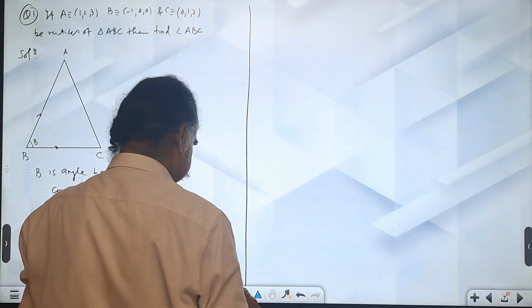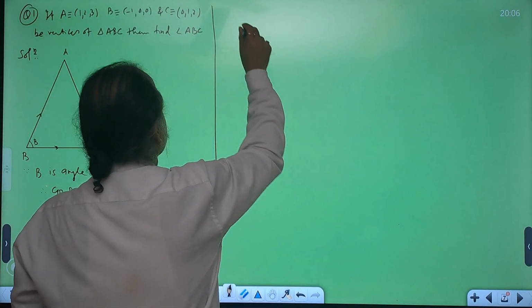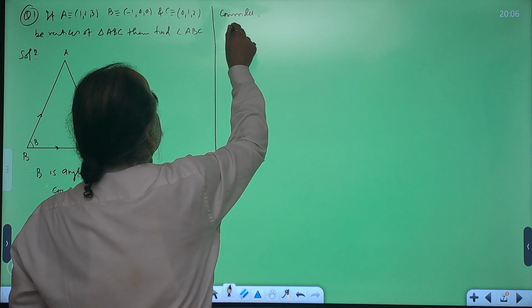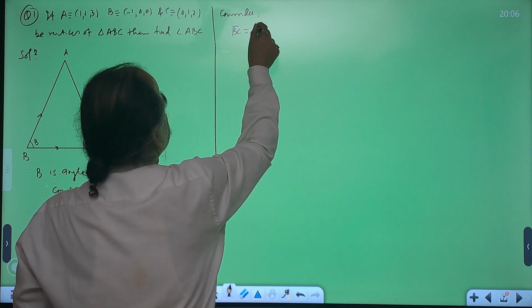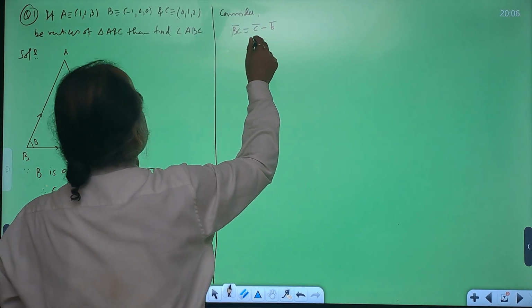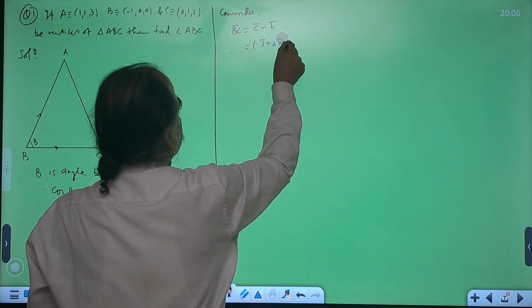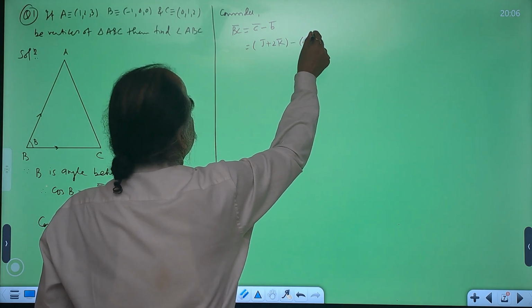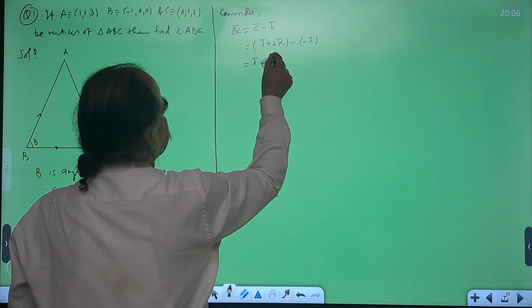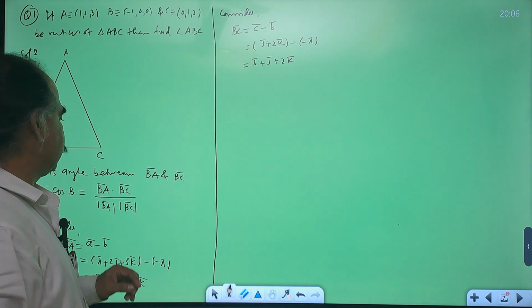Find out BC bar. Consider BC bar. BC bar is what? C bar minus B bar. C bar is what? j plus 2k, minus B bar is plus i. So i bar plus j plus 2k.